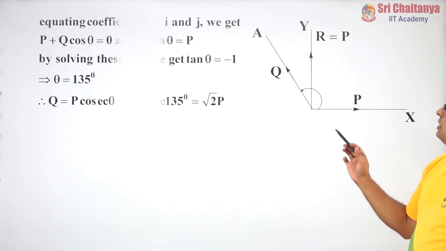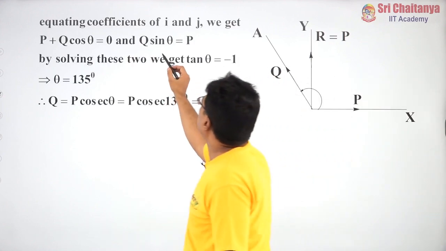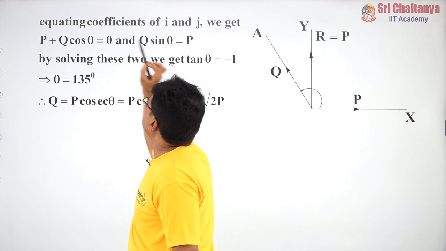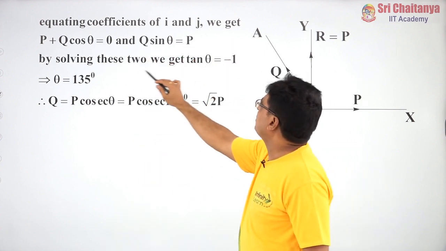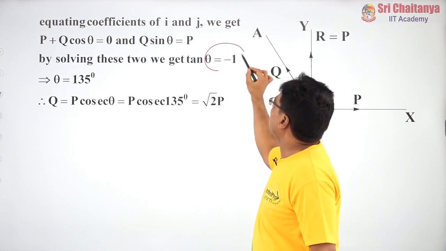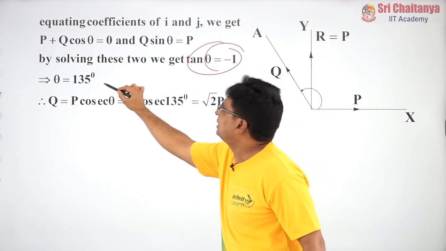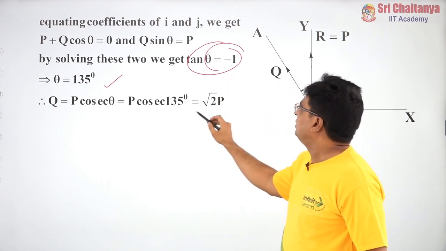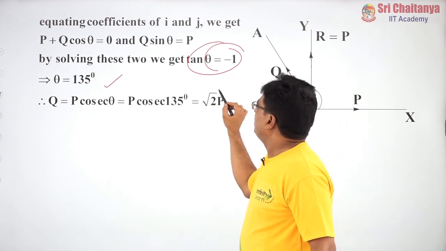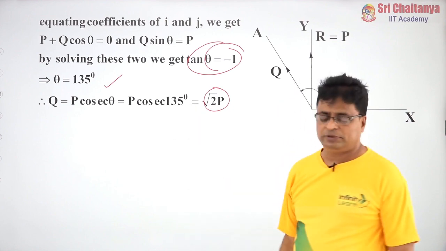Therefore P plus Q cos theta is equal to 0 and Q sin theta is equal to P. Therefore by solving these two we will get tan theta as what? -1, therefore theta is equal to 135 degrees. Therefore after simplification you will get Q is equal to root 2 P.